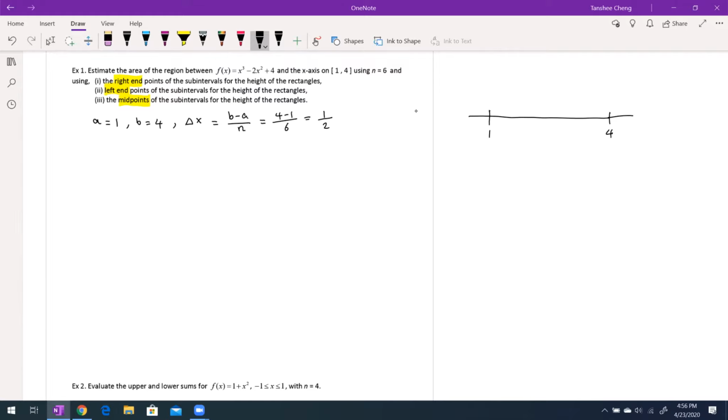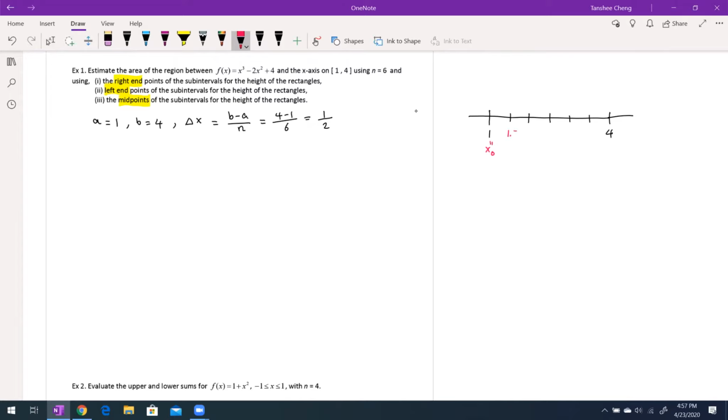We will break it down into 6 subintervals, and we want to make them equal subintervals because that's the easiest for us to formulate at this point. Because we make it 6 subintervals, we know that the increment for each interval is delta x, which is 0.5.